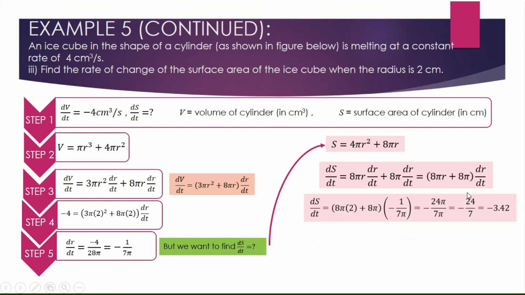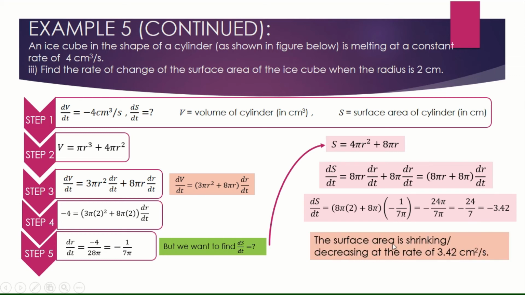Then we replace dr over dt, which we get from here as negative 1 over 7 pi, and r is 2. Therefore dS over dt is negative 24 over 7, or negative 3.42. So the surface area is decreasing at the rate of 3.42 centimeters squared per second.